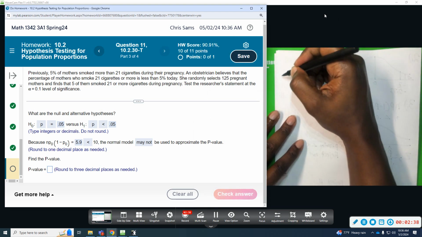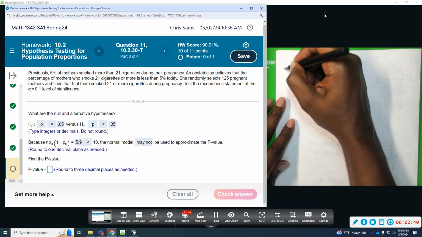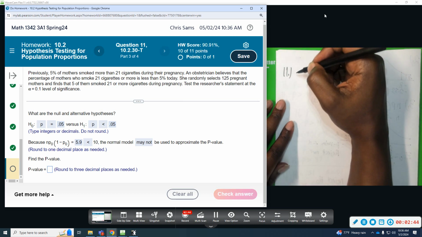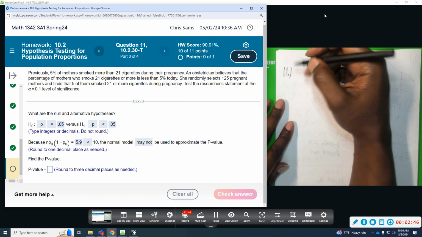So in this example, out of her 125, she found that 5 of them.